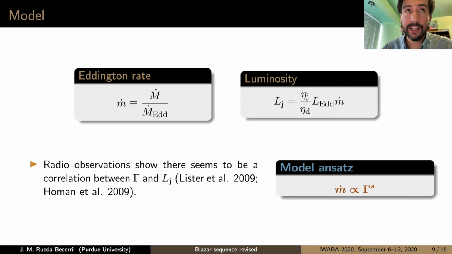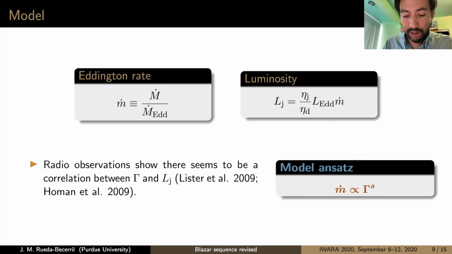So with all this setup, we take the Eddington ratio defined in this form. With this parameter, we get to this expression of the jet luminosity as a function of ṁ.